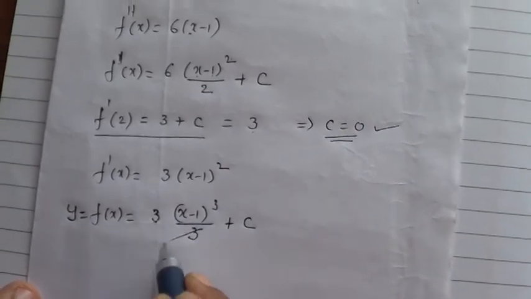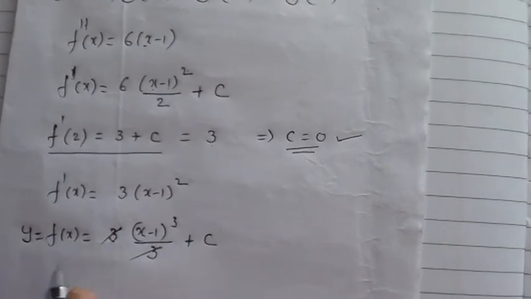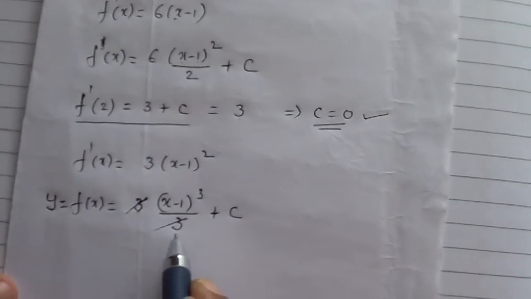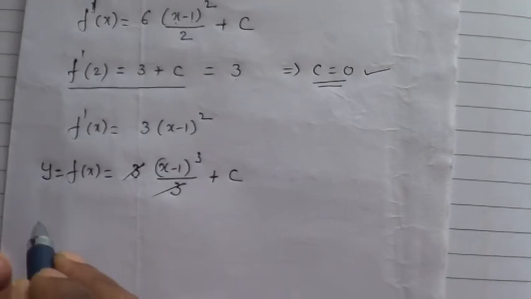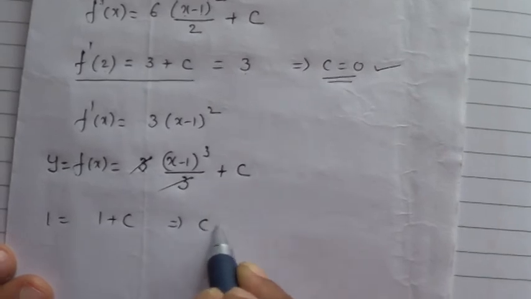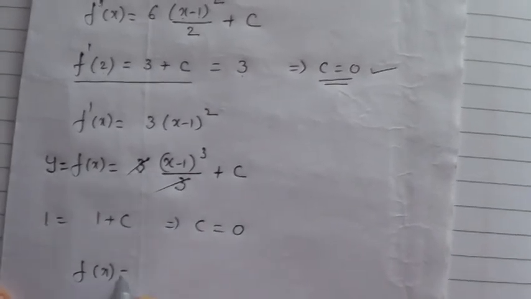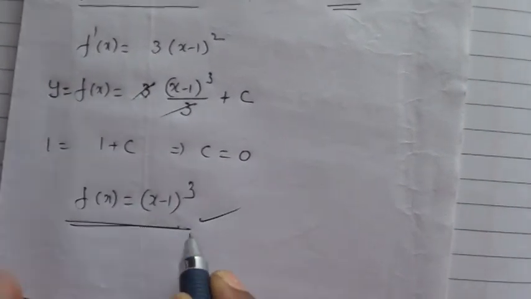So the 3 cancels, and f of x is equal to x minus 1 whole cube. Now substitute the point 2 comma 1. 1 is equal to 1 plus c, here also we are getting c is equal to 0. Therefore f of x is equal to x minus 1 whole cube. That is the curve. Okay, thank you.